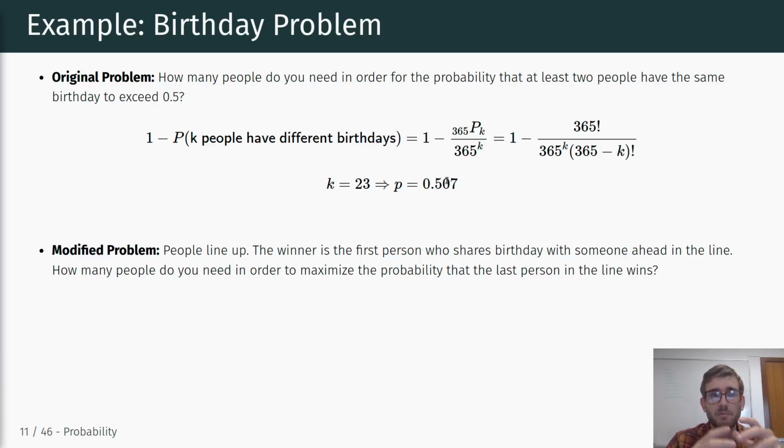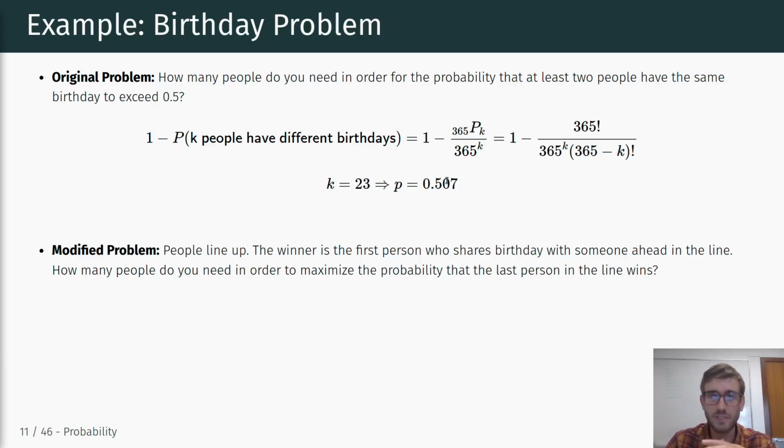So people line up, and the winner is the person who shares a birthday with someone ahead in the line. Suppose this was a game and you wanted to be the first person who shares a birthday. Then the question could be, where in that line should you place yourself strategically? So how many people do you need in order to maximize the probability that the last person in the line wins?